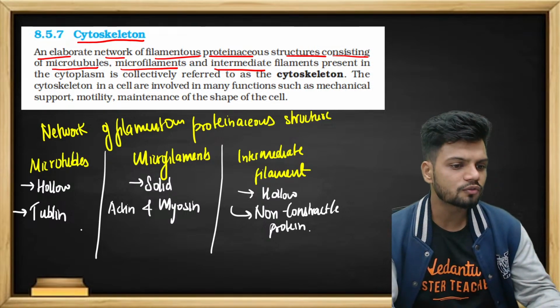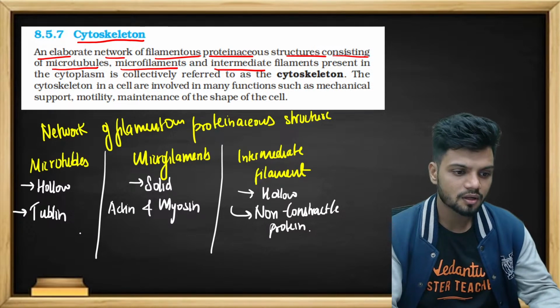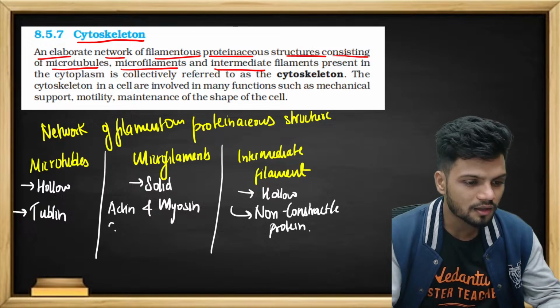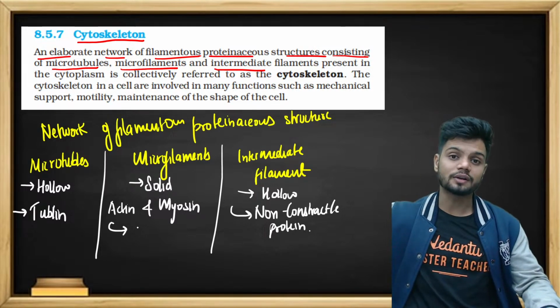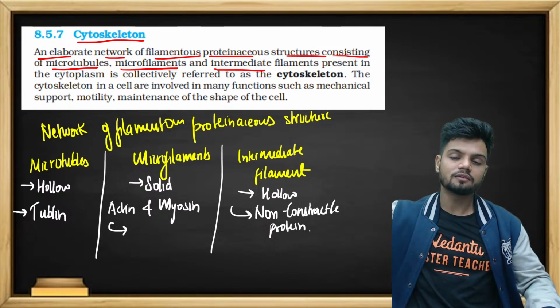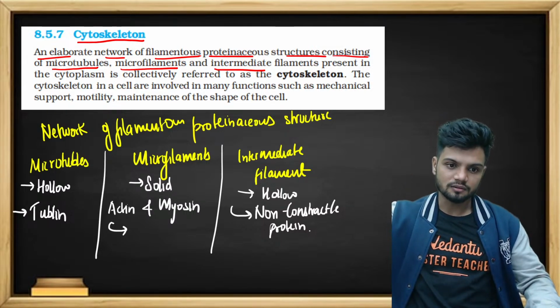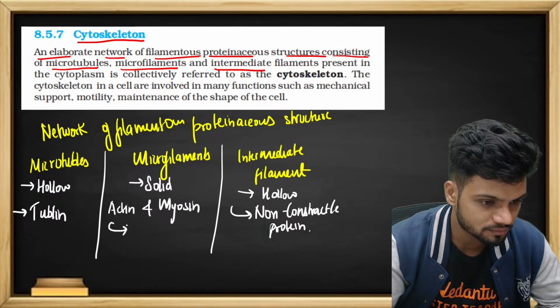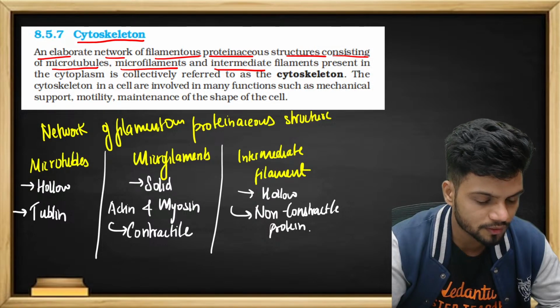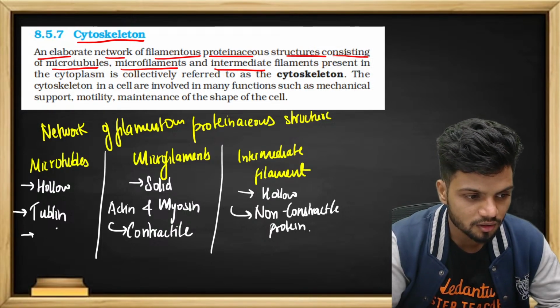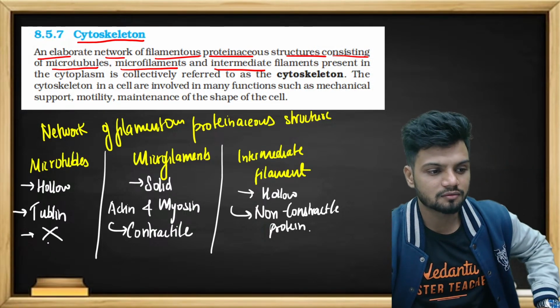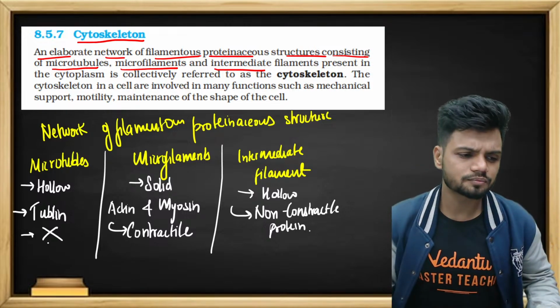Compared to microtubules, microfilaments are a little bit flexible, like in muscle contraction. Actin and myosin can contract easily. But here, they are not able to contract. Non-contractile. Microtubules cannot contract or relax.